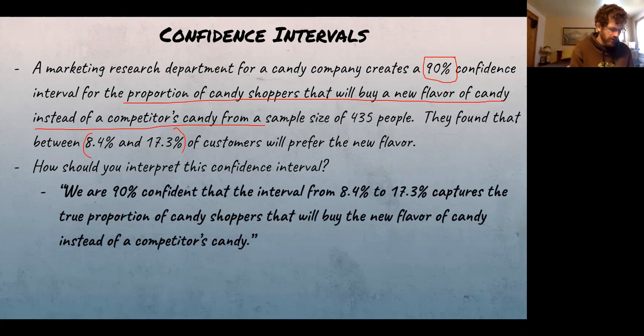But here's how we would say it. We are 90% confident that the interval from 8.4% to 17.3% captures the true proportion of candy shoppers that will buy the new flavor of candy instead of a competitor's candy. Okay, and this is an appropriate interpretation of this.